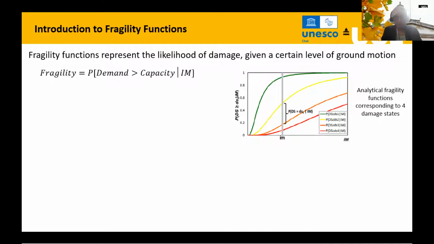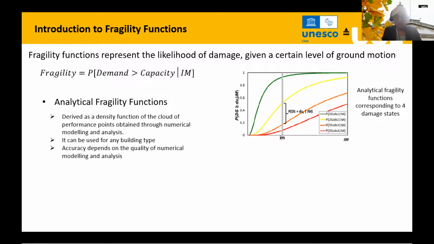What we have been talking about so far is analytical fragility functions. These are density functions derived from the cloud of performance points, as we have seen in Rohit's presentation. The advantage of this method is that it can be used for any building type, and it can be extended to the level of accuracy we want.